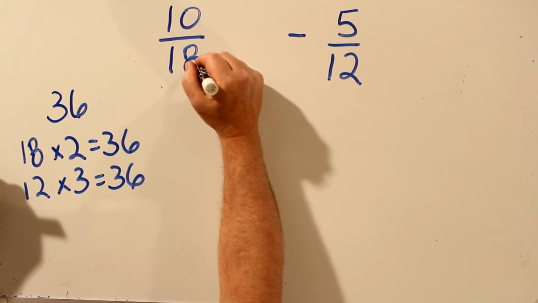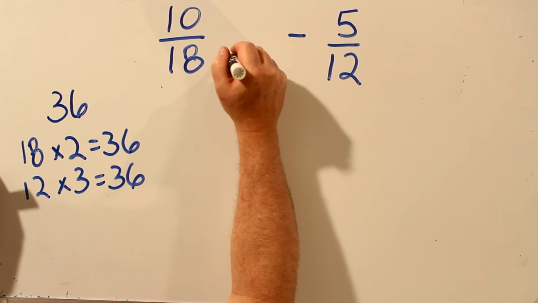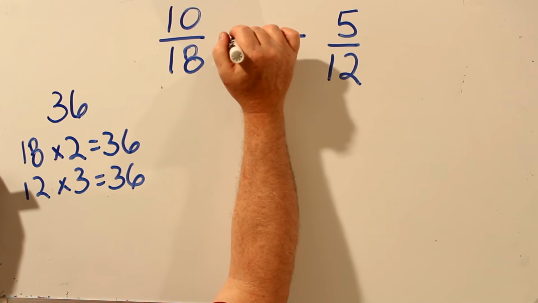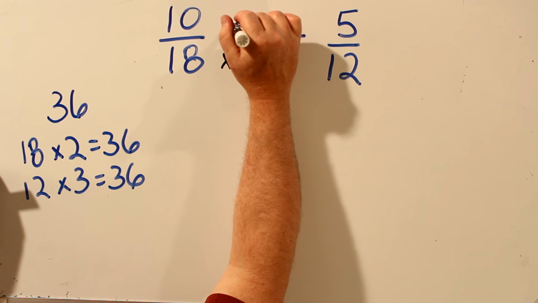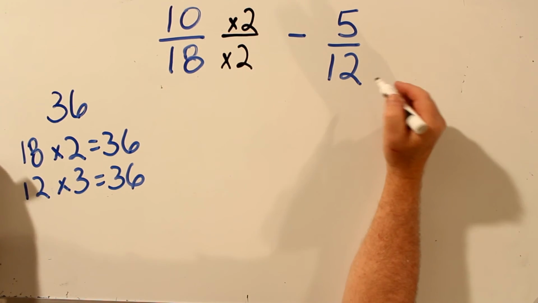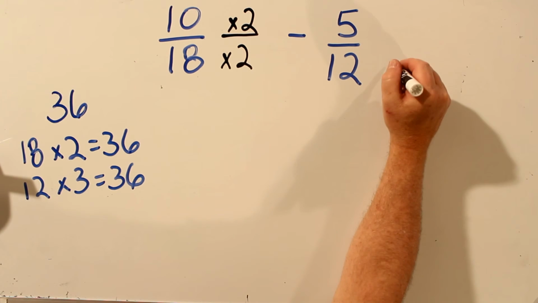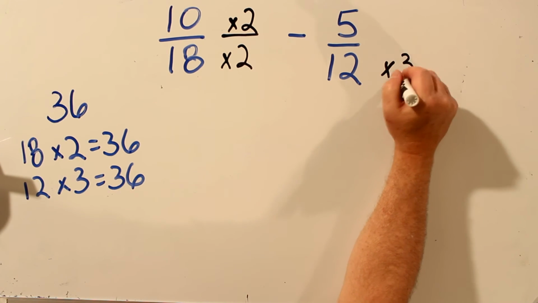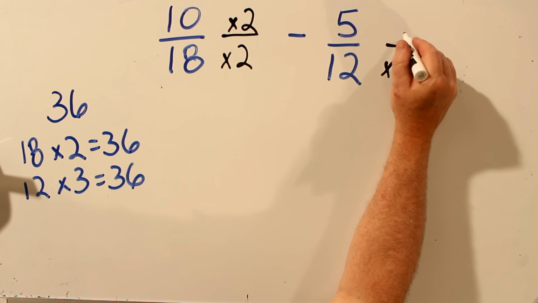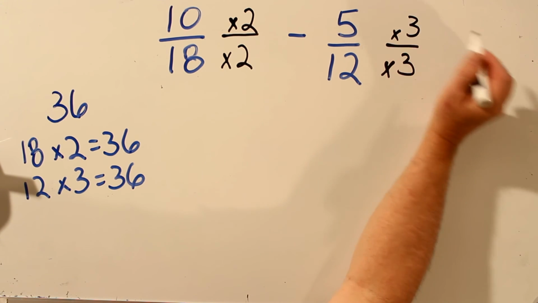So, in order to make the 18 into 36, we have to multiply it by 2. To keep the value of the fraction the same, if you multiply the bottom number by 2, you have to multiply the top number by 2. Over here, 12 times 3 is 36. And to keep the value of the fraction the same, if you multiply the bottom by 3, you have to multiply the top by 3.